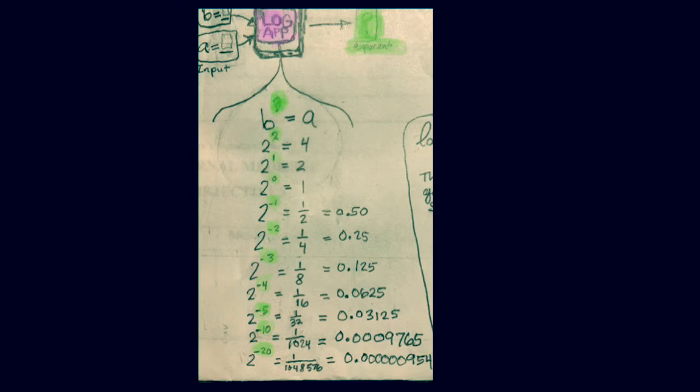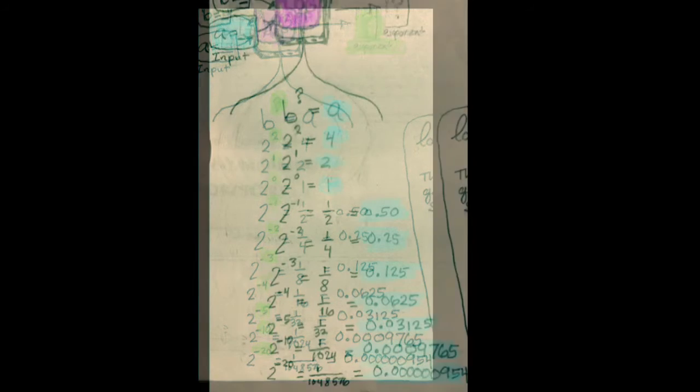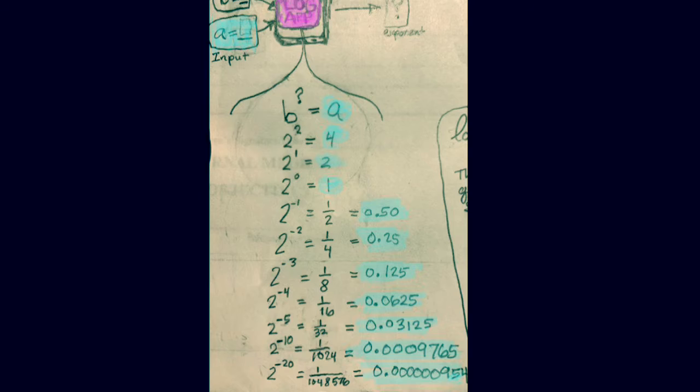As the numbers get smaller for the exponent, look at what the A value is doing. The A value is getting smaller, but in a different way. As the exponent gets smaller, the A value goes from 4 to 2 to 1 to 0.5 to 0.25 and so on.